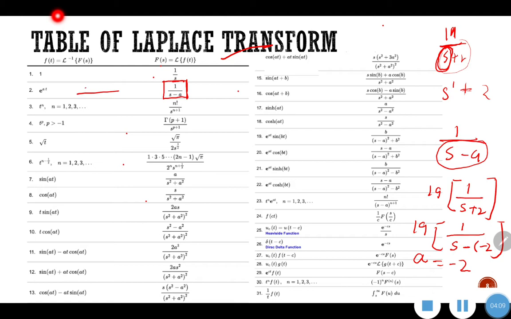Tengok dia punya transform dia adalah apa? Kita tahu dia punya ni adalah e to power of at, right? So daripada sini maknanya a kita adalah negative 2. So we have 19 e to power of minus 2t.